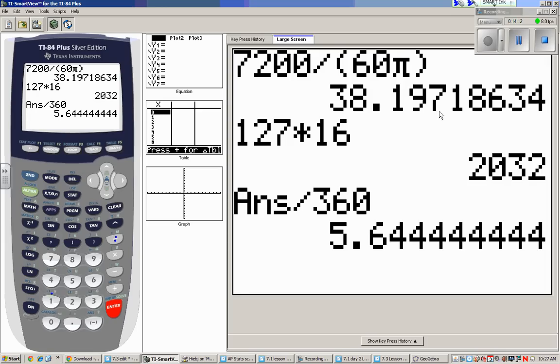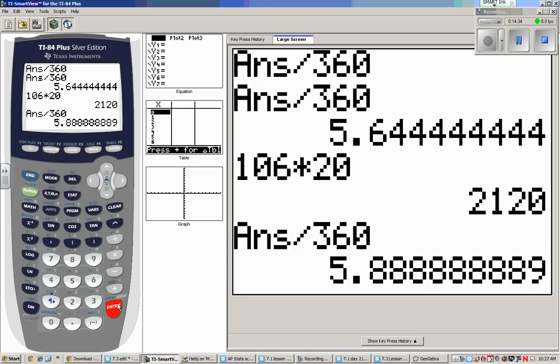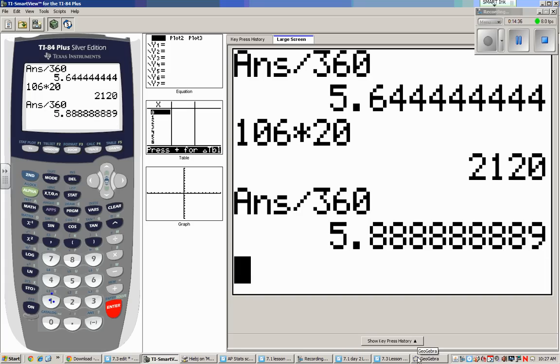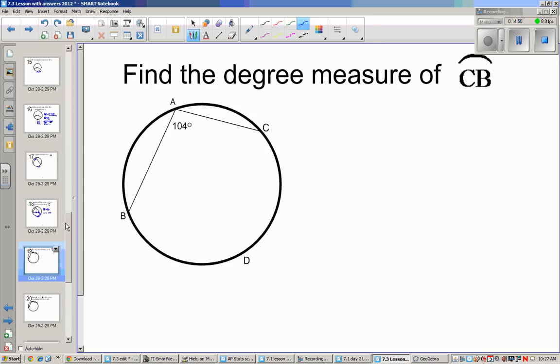Oopsie, I always forget to take my pen off. 106 times my 20, and I'm just going to leave the pi off for now, and then divide by 360. So my answer is approximately 5.89 pi. So my arc length here is 5.89 pi.